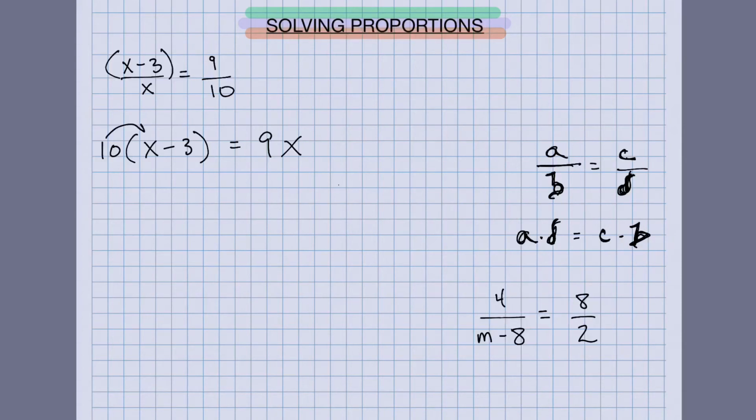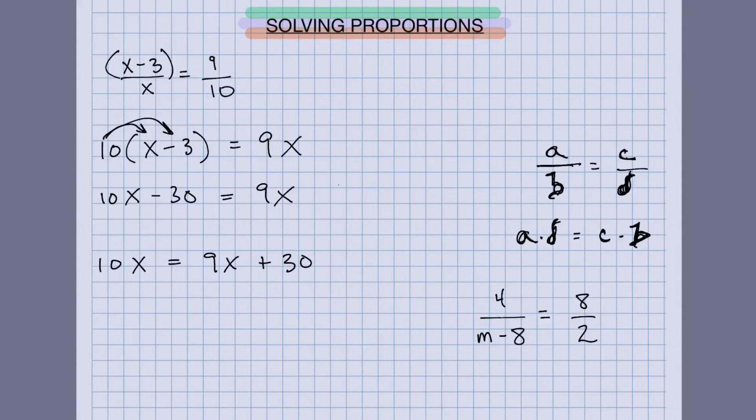Okay, so we want to distribute this in. So we have 10x minus 30 equals 9x. Okay, add 30 to both sides. 10x equals 9x plus 30. Okay, doing your transpose and apply.